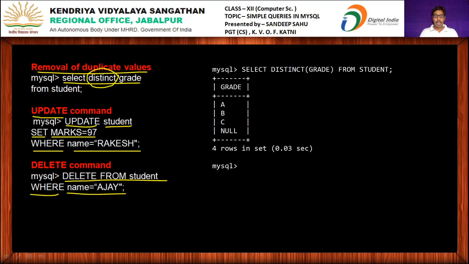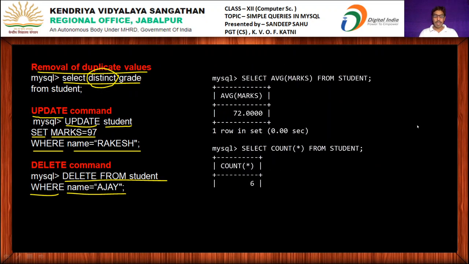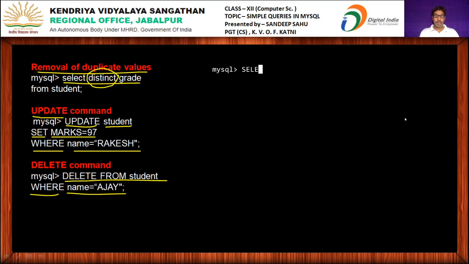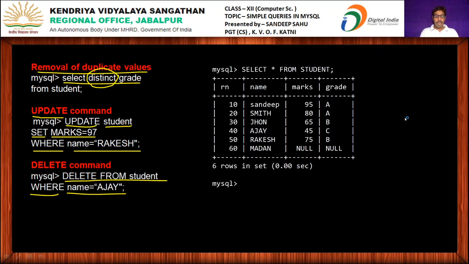Now let's understand the update command. This is our table. Suppose I want to change the marks of Ajay from 45 to 60.